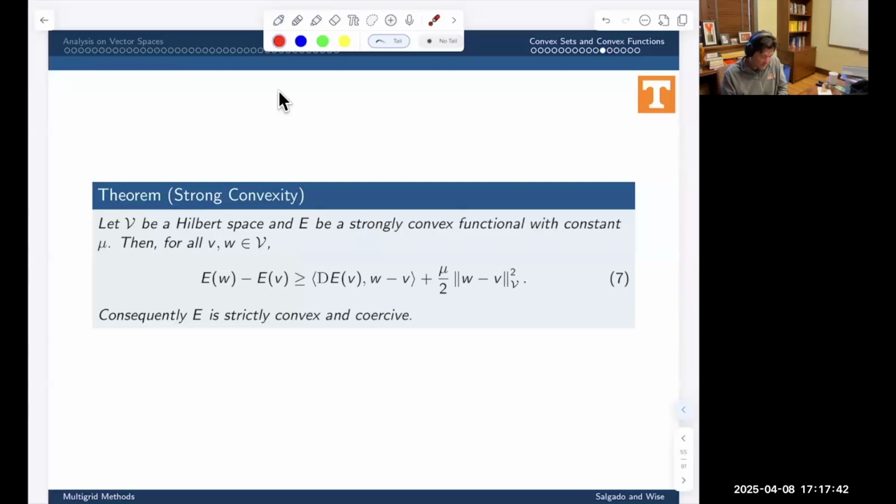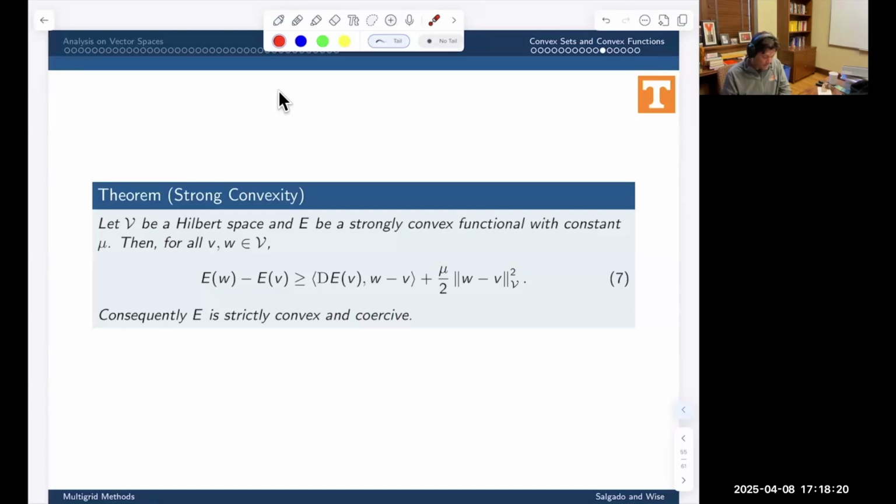So let's go back. Why is that true? Well, if W and V are equal to each other, then this guy will be 0, and so this guy is going to have to be equal to 0 as well. That's clearly true. Whenever W and V are equal, we definitely get this.